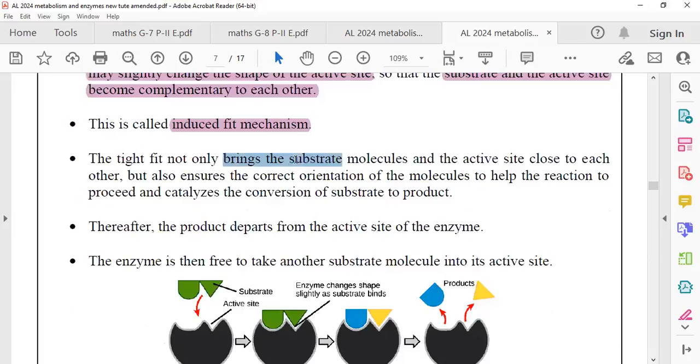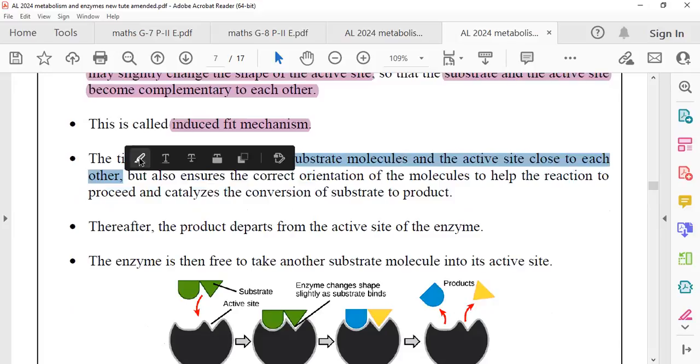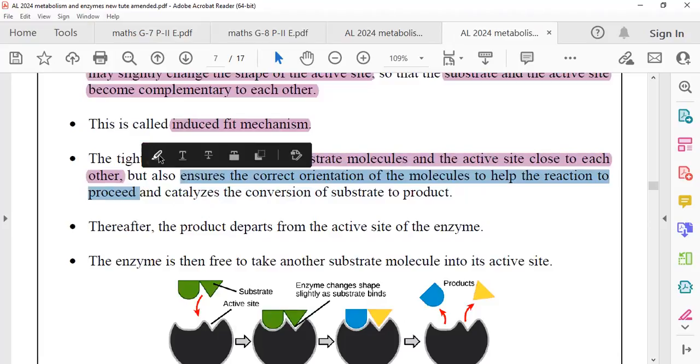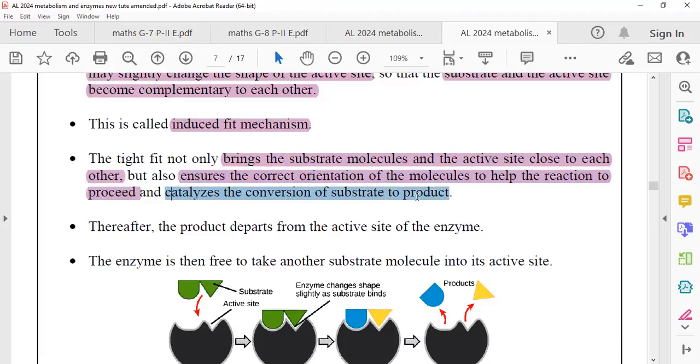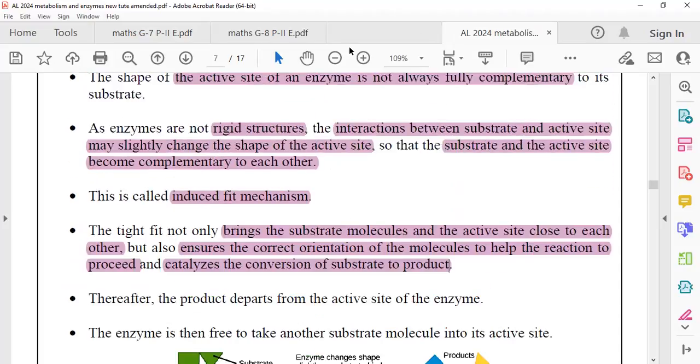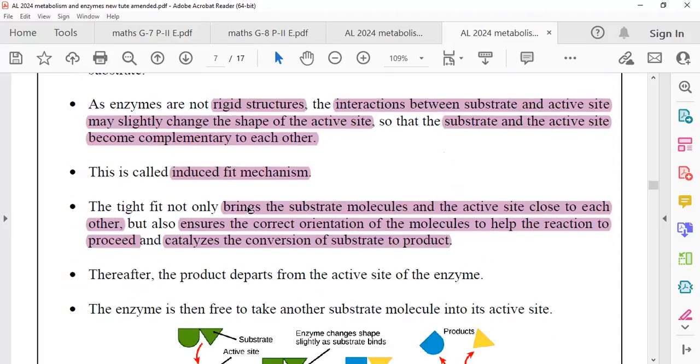This tight fit is bringing the substrate molecule and active site close to each other. It ensures the correct orientation of the molecules to help the reaction to proceed and catalyze the conversion of the substrate to the product. We will try to understand this. Now, first thing is okay, no?